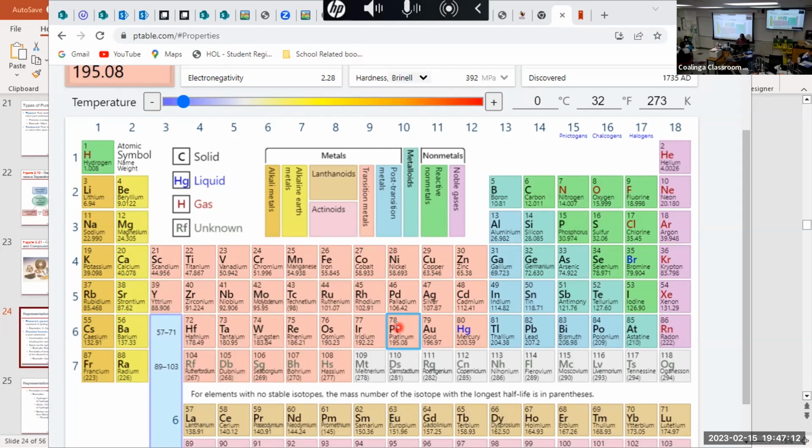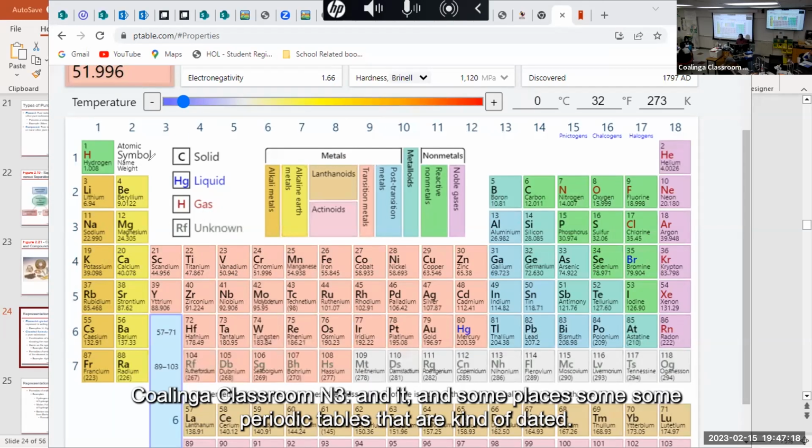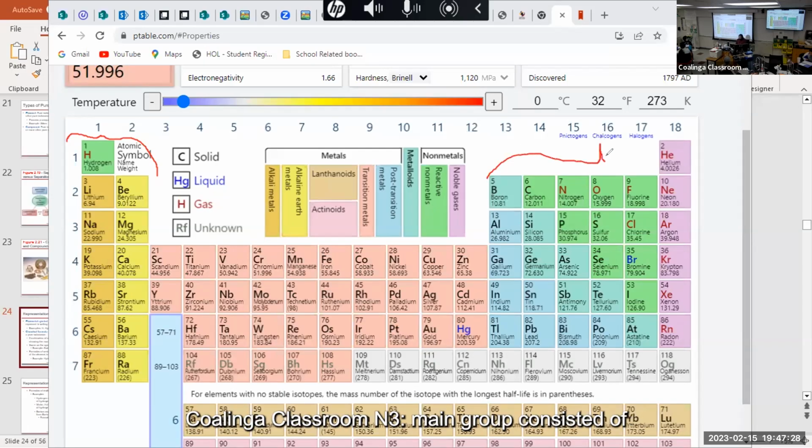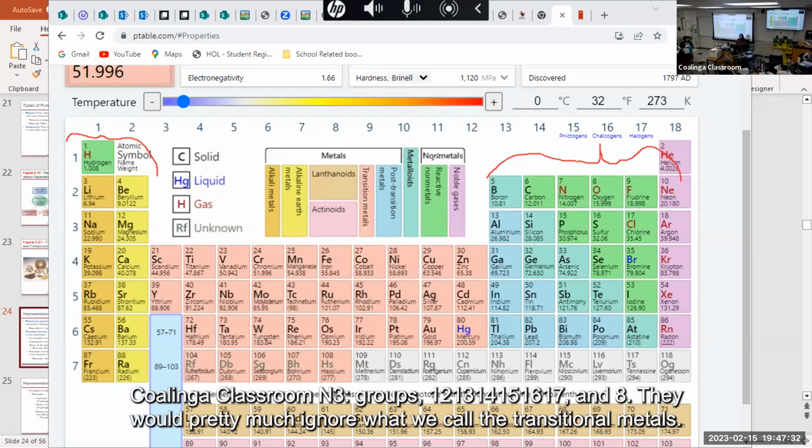Now, when I was in college, and in some places, some periodic tables that are kind of dated, they had what we call the main group. The main group consisted of groups 1, 2, 13, 14, 15, 16, 17, and 18.